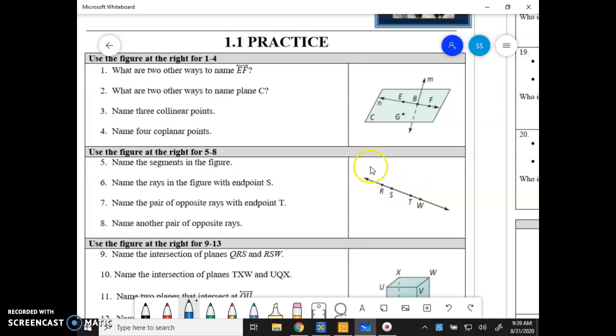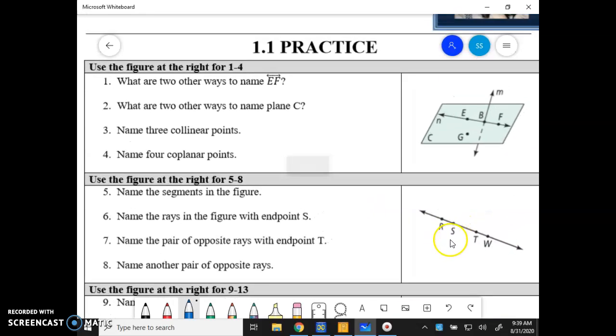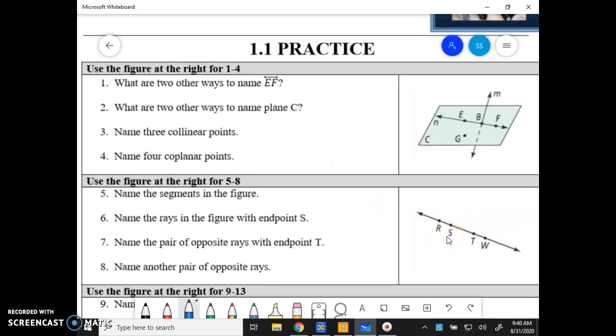All right, what are two other ways to name line EF? And I know that they're referring to a line because there are arrows going both directions. So EF, there's point F, there's point E, it's going that way.